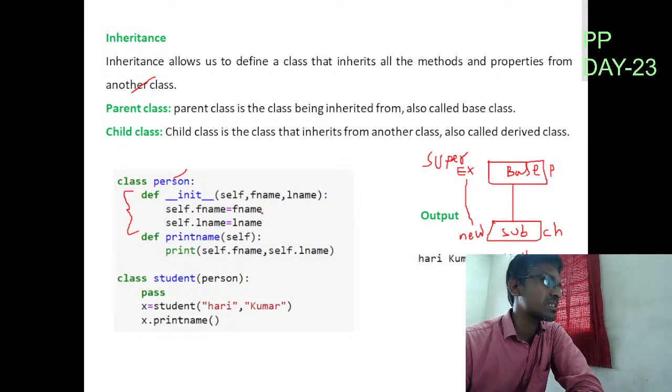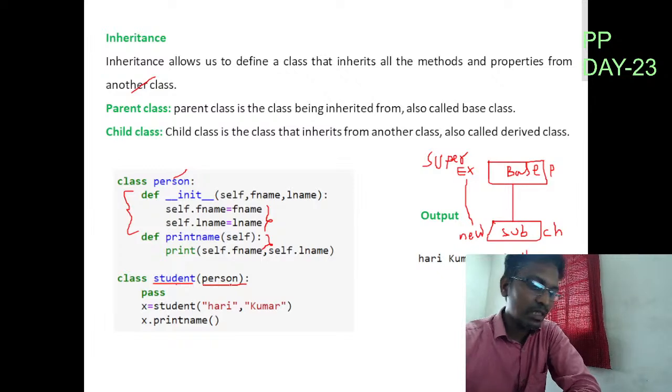Person is the existing class, and it contains variables and a method. Now I'm going to create a new class called student. This student is going to be derived from the existing class called person.